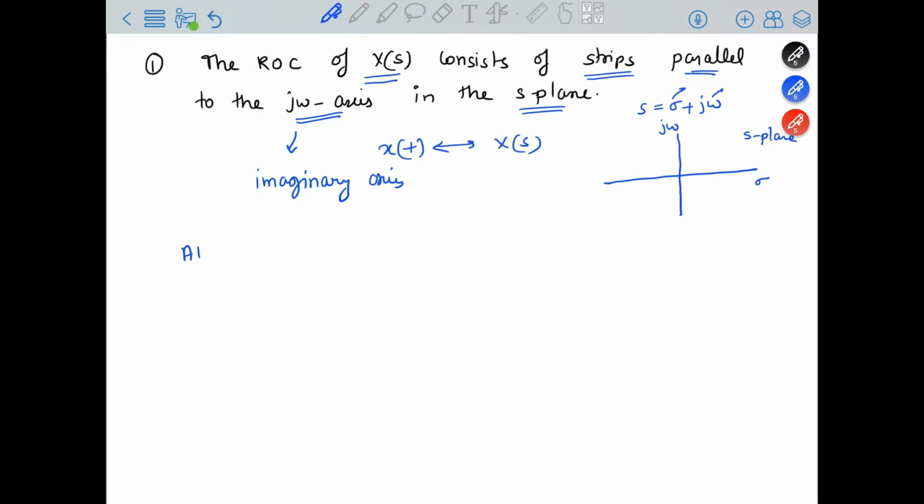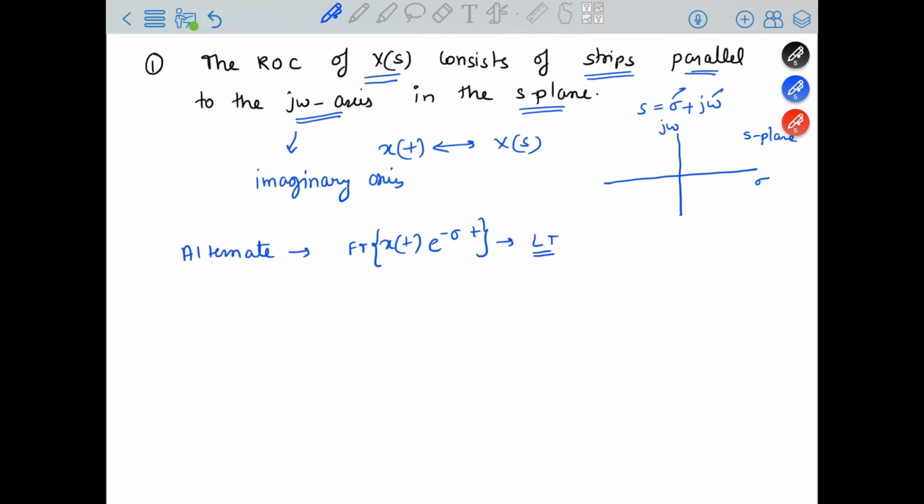What is the alternate way? The Laplace transform is the Fourier transform of the signal x(t) e raised to the power minus sigma t. So the Fourier transform of this signal is basically your Laplace transform. We have already seen this in the previous video. You can refer to the previous video to understand this form.